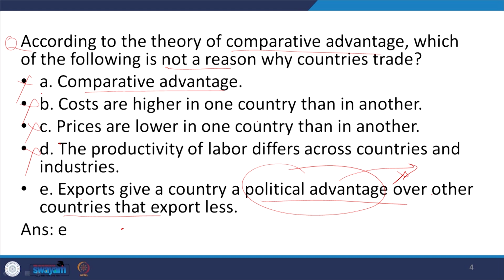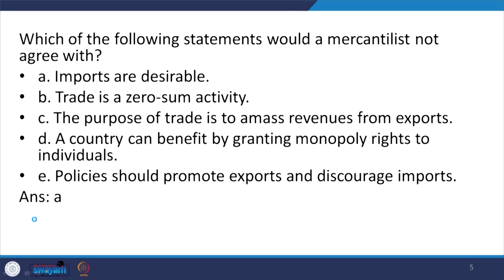And there might be a number of interpretations. Political advantage might be good for cost control, might not be good for cost cutting. So, we cannot actually expect what the interpretation is. So, therefore, this is not a reason. So, this is the answer for this question. All right. And very quickly you can define the answer based on our previous or existing understanding. So, move to the next question.